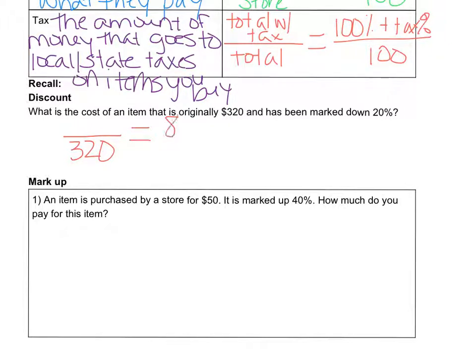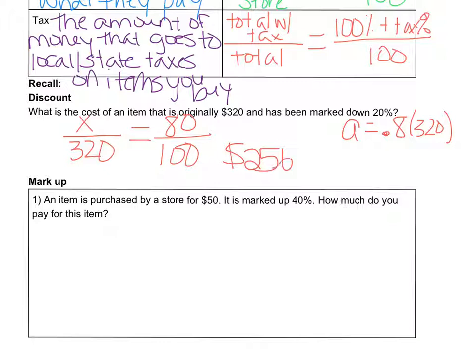So we are paying 80% out of 100, and X is what we're going to find. Now, if you like to use the equation, you could do the equation also. That would look like this. A equals 0.8 times 320. And either way, when you get those, your answer is $256. That's how much your discounted price is.